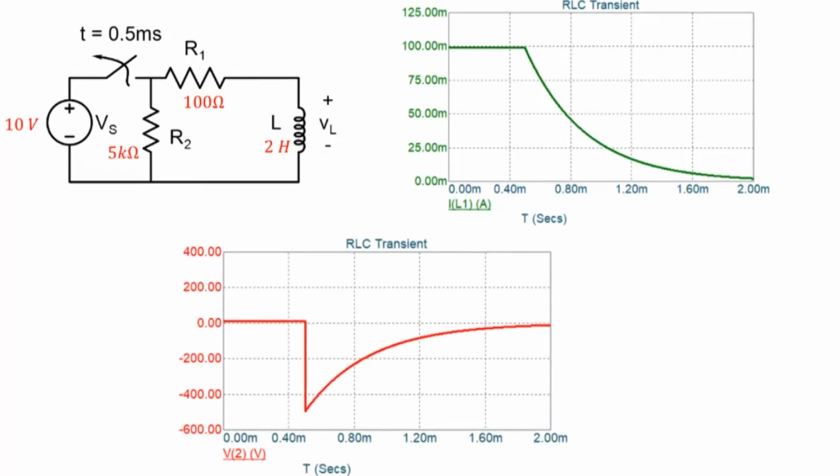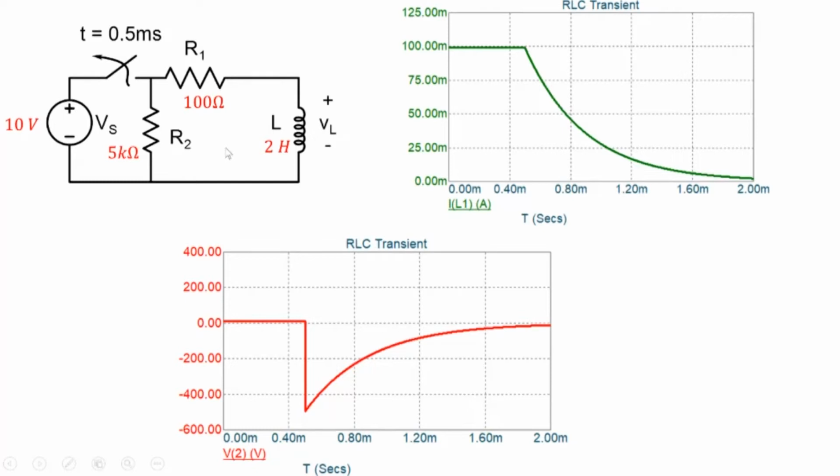The current is flowing in this particular direction, and the voltage here is then current multiplied by 5 kilo ohms. The initial current is 100 milliamperes multiplied by 5 kilo ohms, so minus 500 volt. And then, of course, as the current decays, the voltage across R2 also decays, and it comes back to its final value, which is 0.